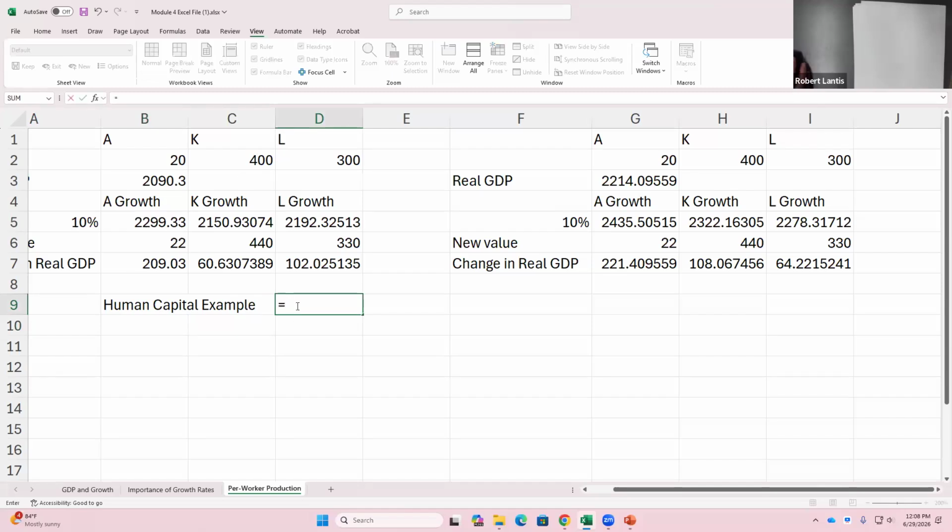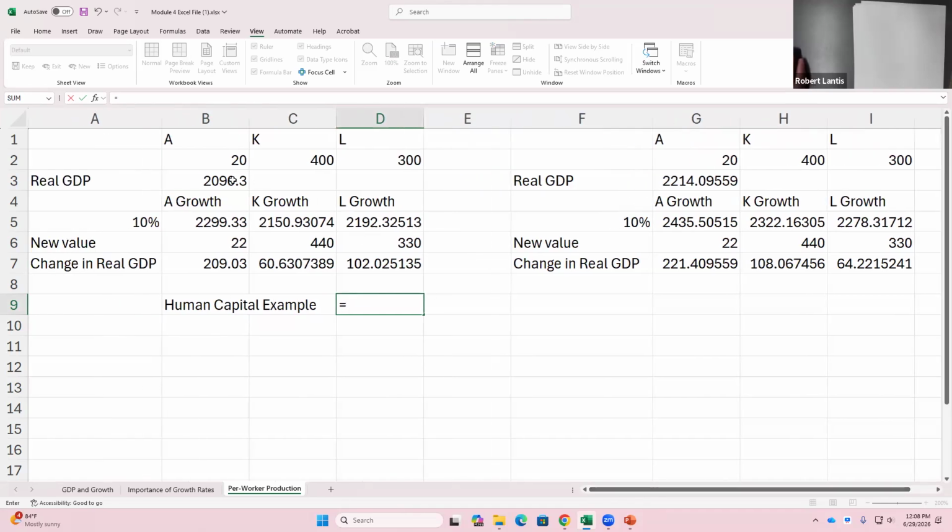So now my real GDP would be whatever my total factor productivity was times whatever my level of physical capital was to the 0.3, same function we were using before, multiplied by whatever our labor was, but now times that human capital, which is not 1, it's higher, it's 1.5.